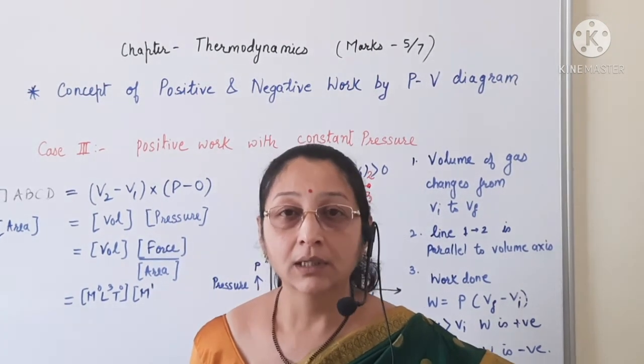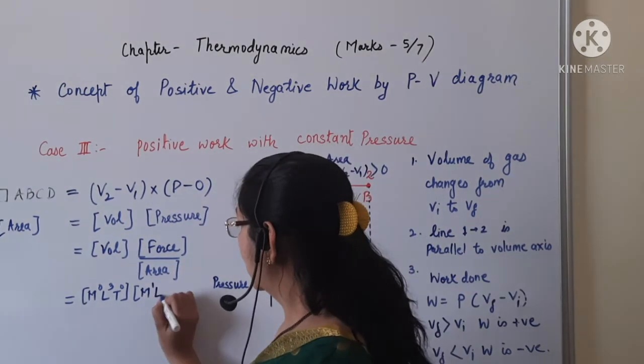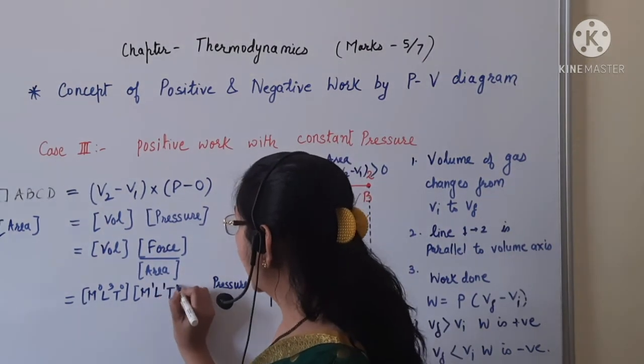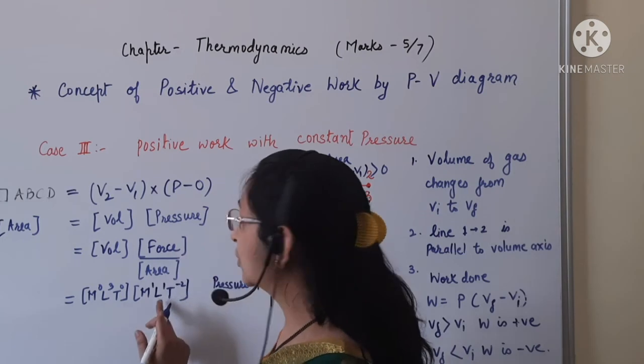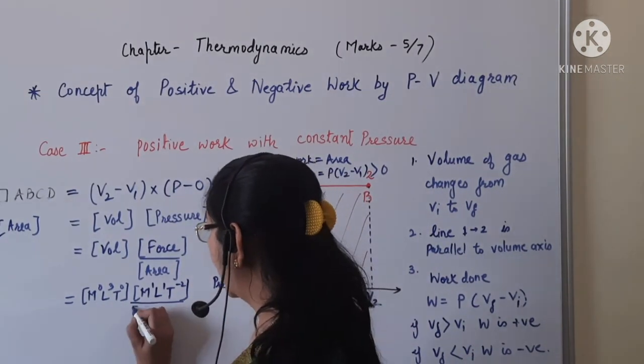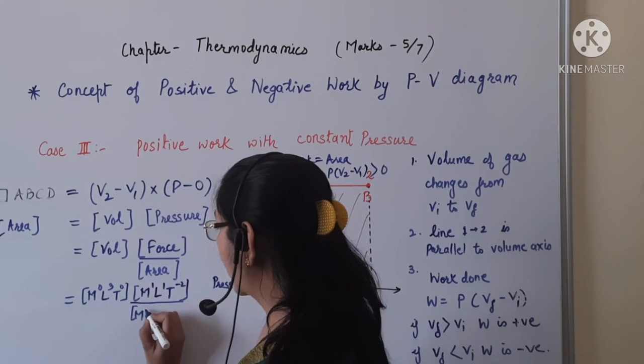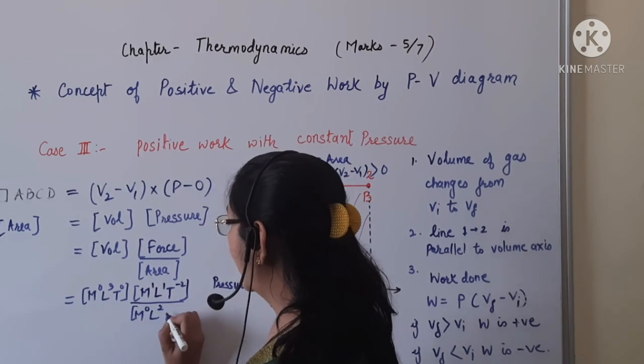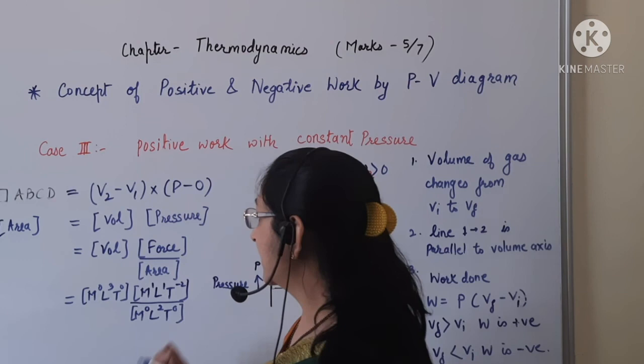The dimension for force upon area is then M to the power 1, L to the power minus 1, T to the power minus 2; area is M to the power 0, L to the power 2, T to the power 0.